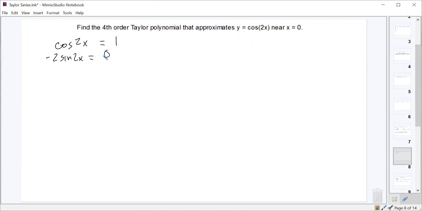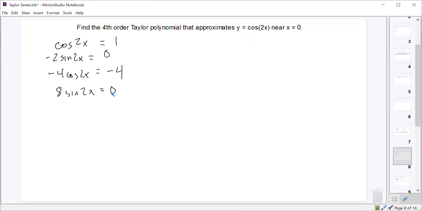We should take the derivative of this, which should give us what? Negative 4 cosine 2x, which should then give us what value? Negative 4. Okay, that's our second derivative. Our third derivative should be 8 sine 2x, which will give us 0.